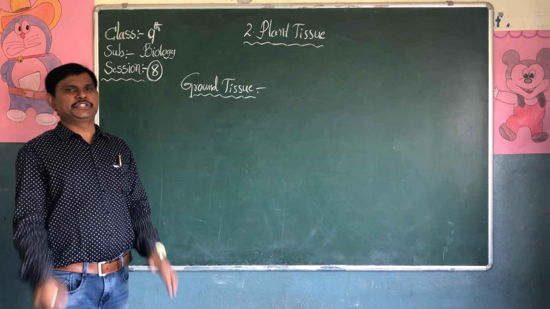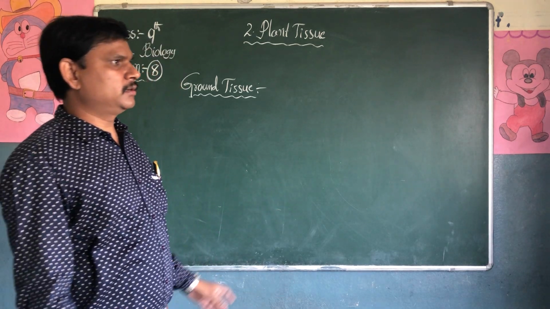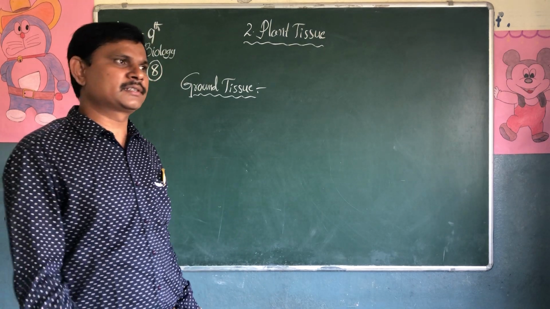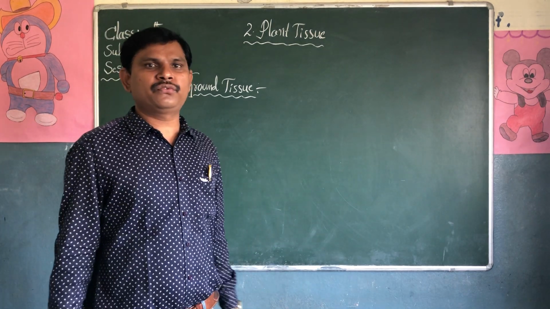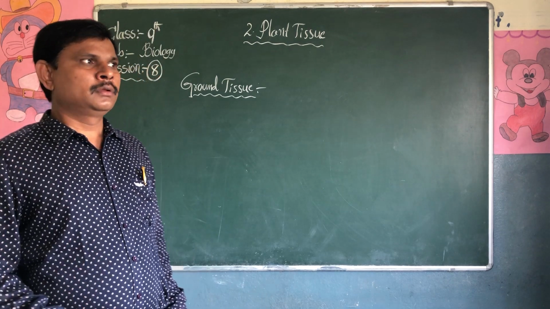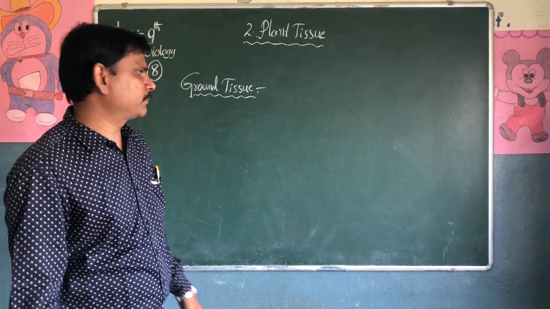What is ground tissue? When we discussed plant tissue in the first class, we discussed the definitions of all the different types of tissue: meristematic tissue, dermal tissue, ground tissue, and vascular tissue.